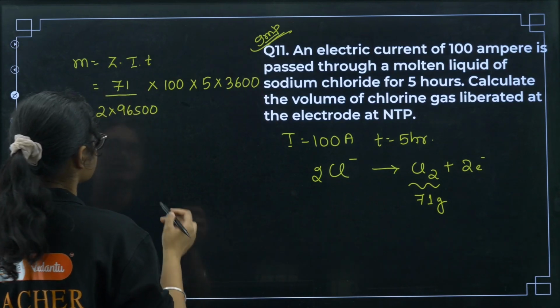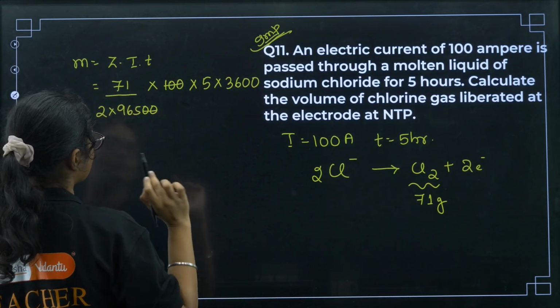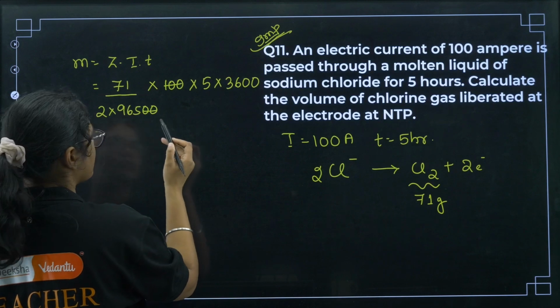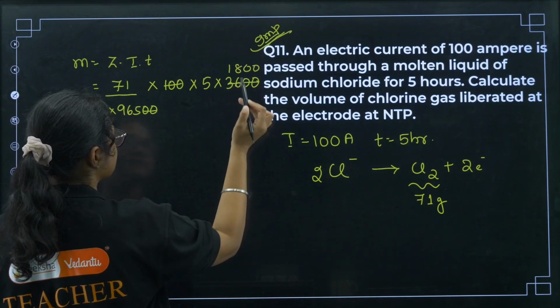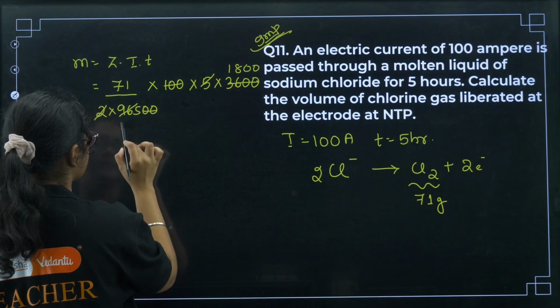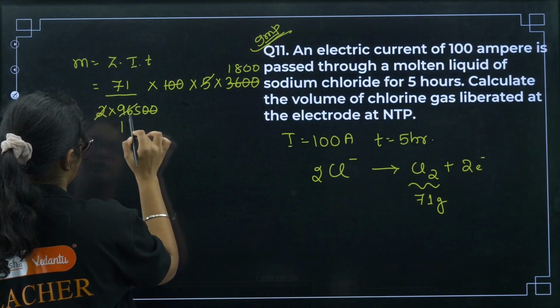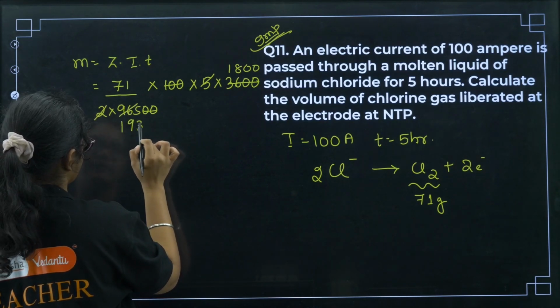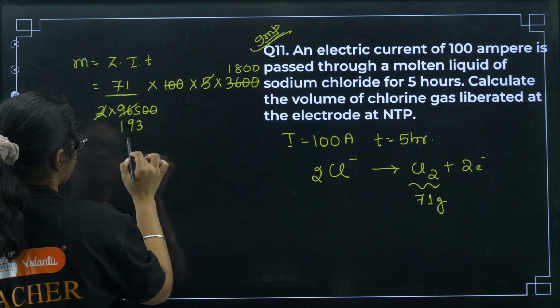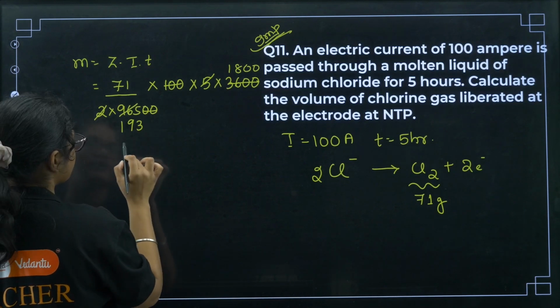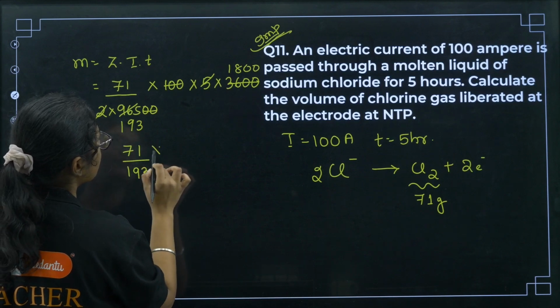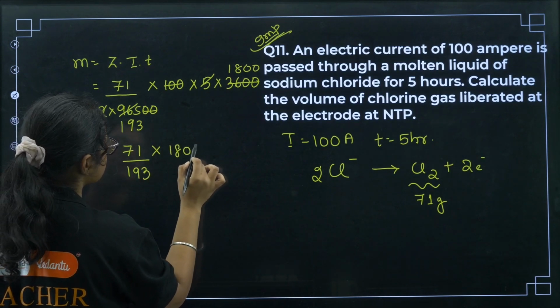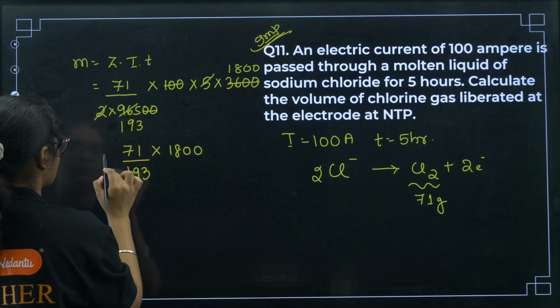Now you can just cancel whichever is possible. I can cancel here, and here. 5 3s are 15, 5 9s are 45 plus 1 is 46. So I got 71 by 193 into 1800.